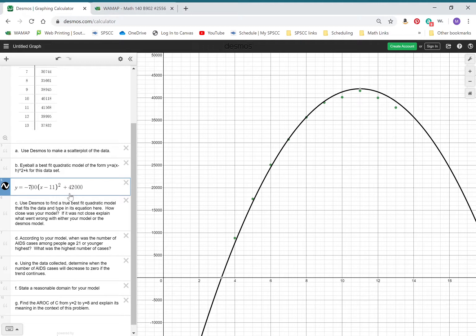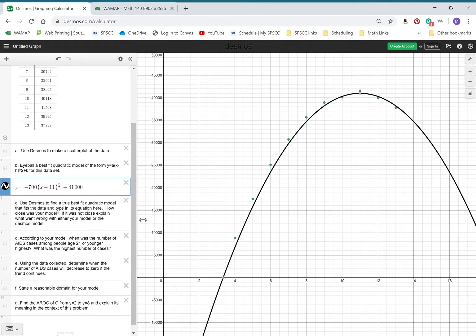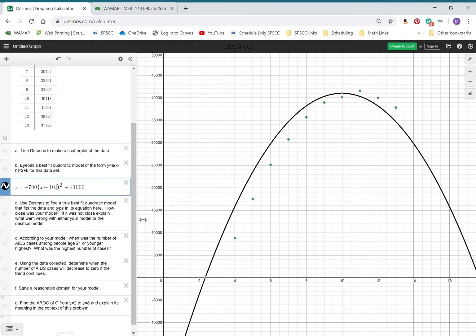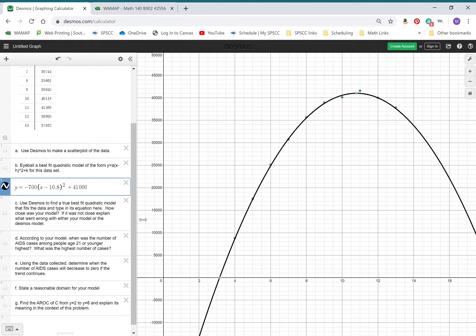So I still think I like 11, but I'm going to move it down a little bit. Maybe 40, 41,000. Maybe I'll move it back a little, 10.5, 10.8. Ooh, I like that one pretty well. Okay, so just play around with this.